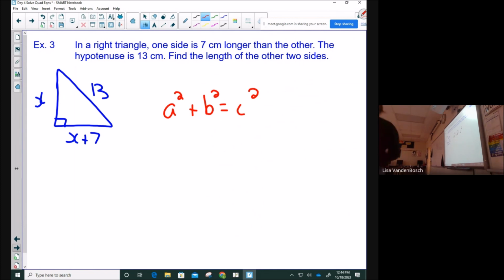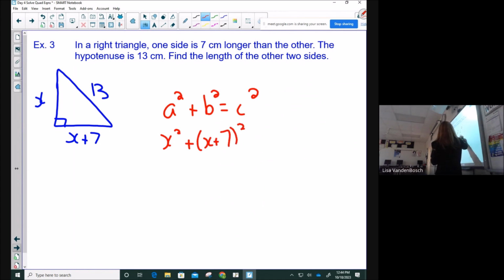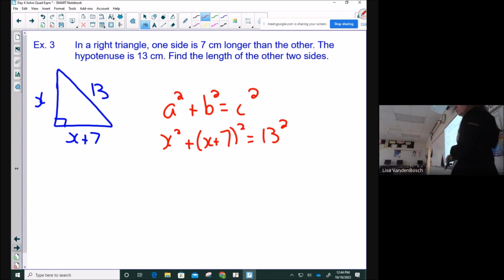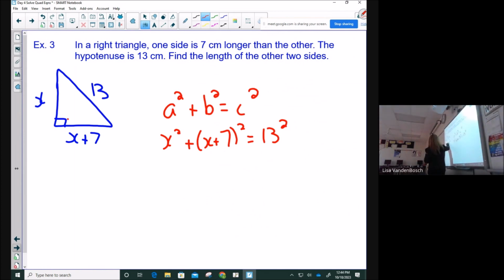What has to be C? 13. Okay, so we've got X squared plus X plus 7 squared equals 13 squared. Side A, which we'll say is X, plus side B, which we'll say is X plus 7, equals side C, which has to be 13, because my C always has to be across from the right angle.